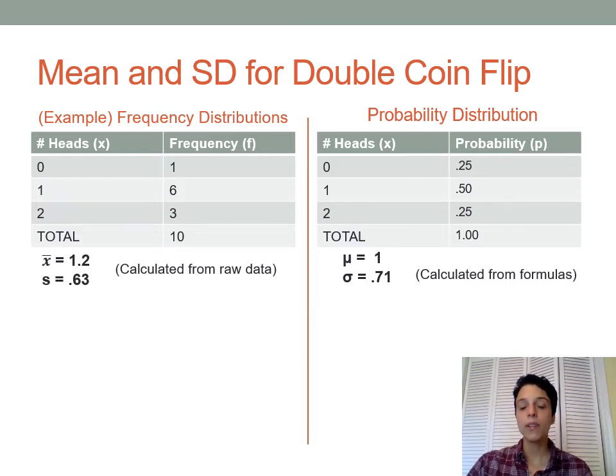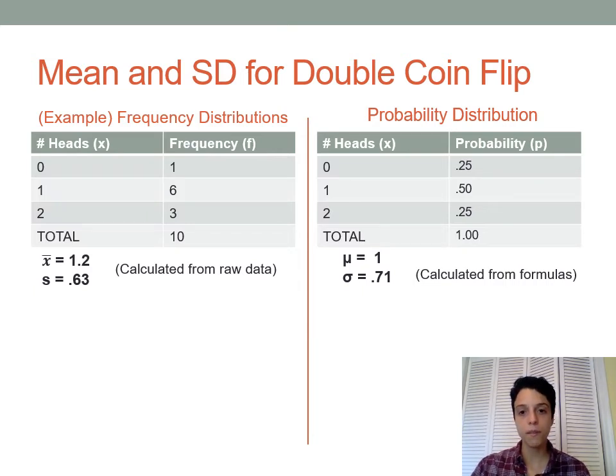But these are the mean and standard deviation for the probability distribution that's written up there. How these are interpreted is that if you take a sample based on this probability distribution, a sample like you see on the left side under frequency distributions, you would expect that sample to have a mean of about 1. You would expect that sample to have a standard deviation of about 0.71.